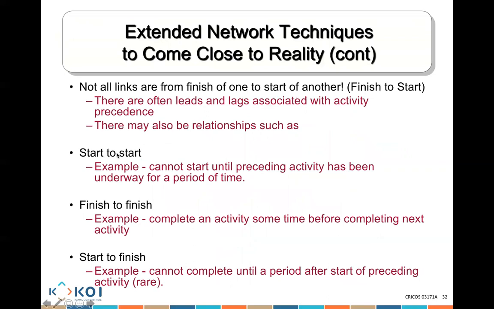For example, start to start, which means the next activity cannot start until the first activity starts, or finish to finish, which means the next activity cannot finish before the first one finishes, or even start to finish, which means the next activity cannot finish before the first one has really started. We're not going to use a lot of these in the subject, but just so that you know there are many relationships that you can bear in mind.